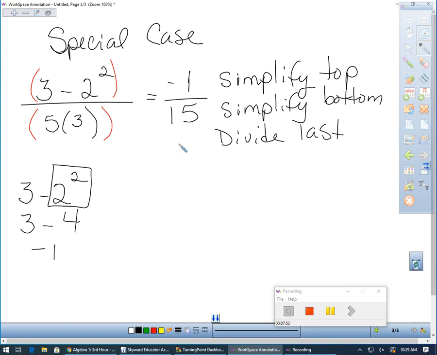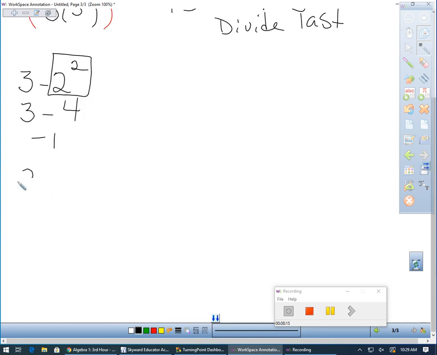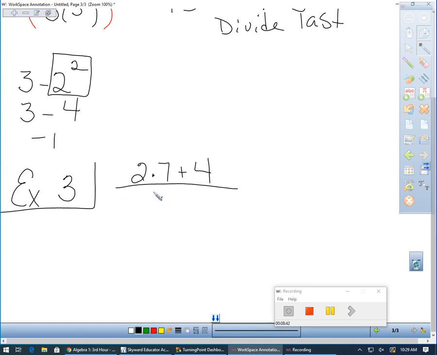Okay? All right, so let's do example 3. Let's do one similar to this. How about 2 times 7 plus 4 over 9 plus 3.